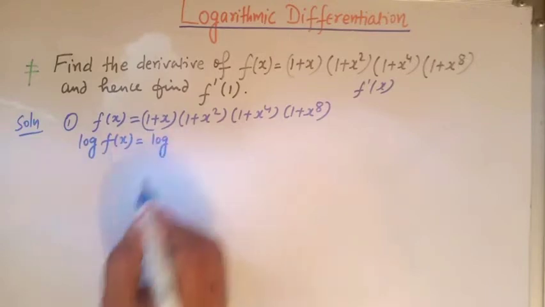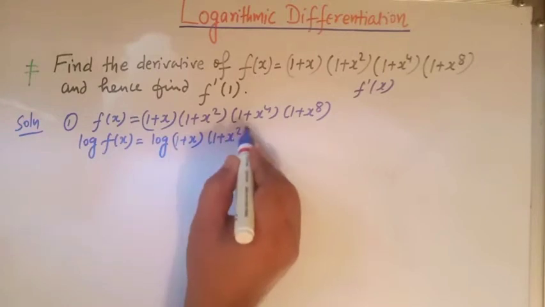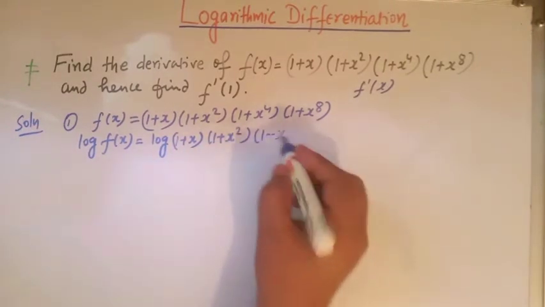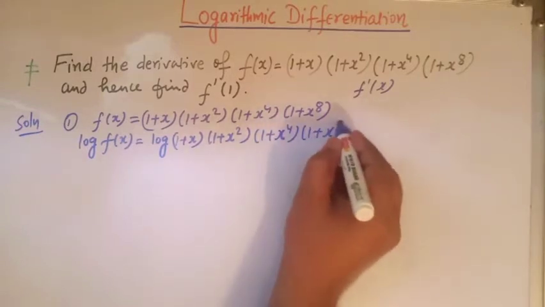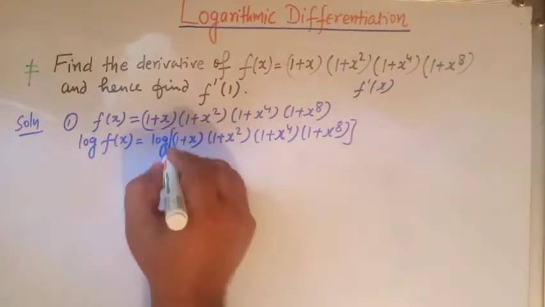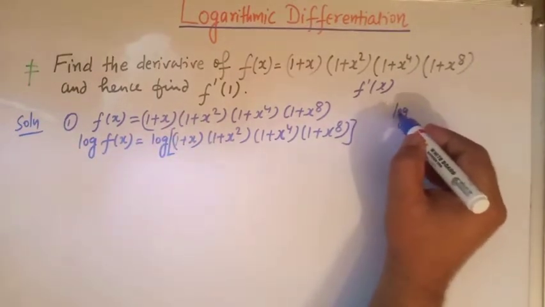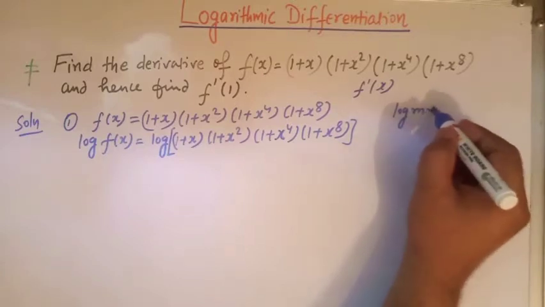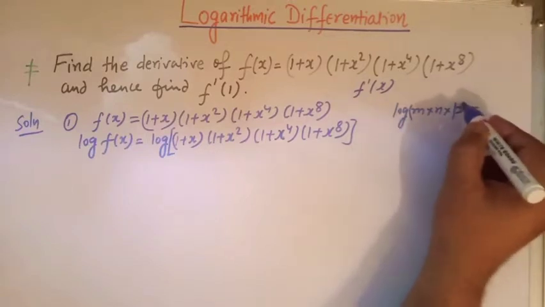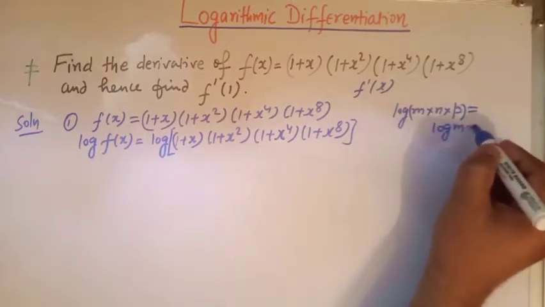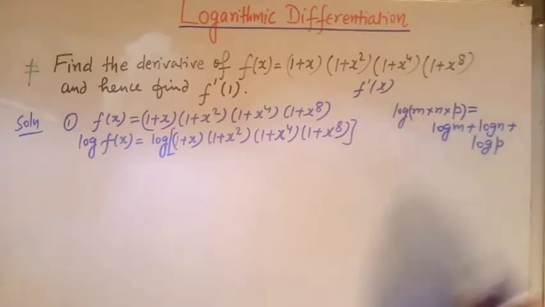So this can be written as log of 1 plus x, 1 plus x square, 1 plus x raised to 4 times 1 plus x raised to 8. Right? Now here we'll make use of the property that if we have to find the log of m times n times p, then this can be written as log m plus log n plus log p, right?